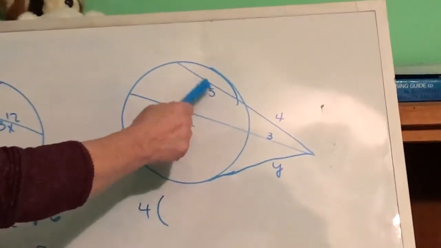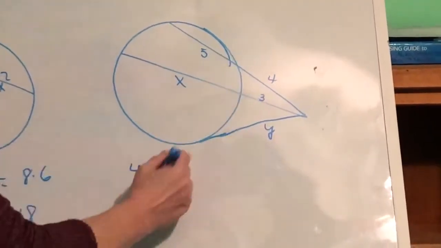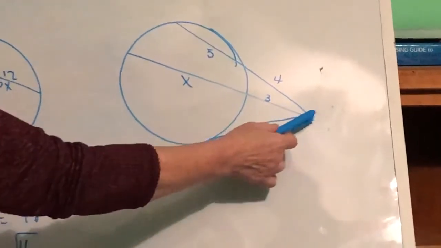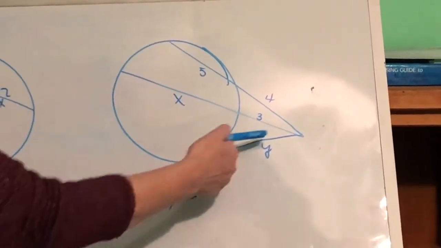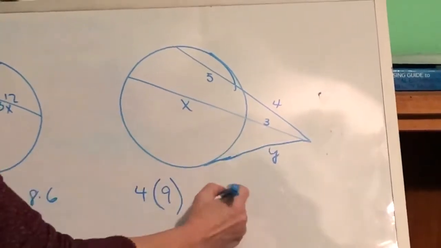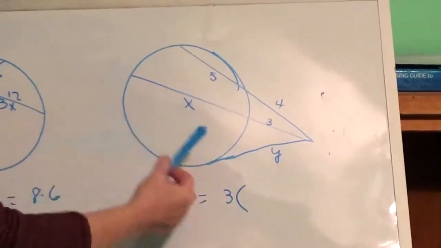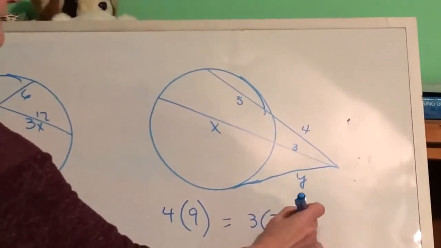Be very careful because the length here is not 20, it's 5 plus 4 is 9. So I took the external piece times the entire secant, and I'm going to set it equal to the external part times the entire piece here, which is 3 plus x.